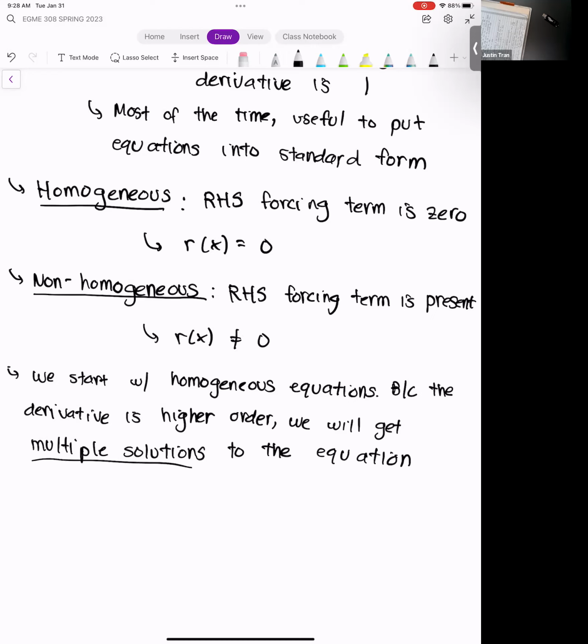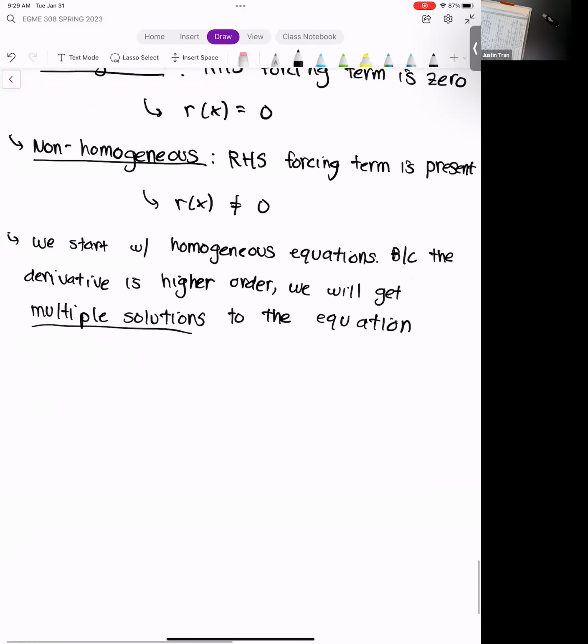It's not just going to be one. Because this is a second order differential equation, we're going to get two solutions. When we go through our methods to solve the homogeneous part, we're going to get one solution, which we'll call y1, and then another solution called y2.